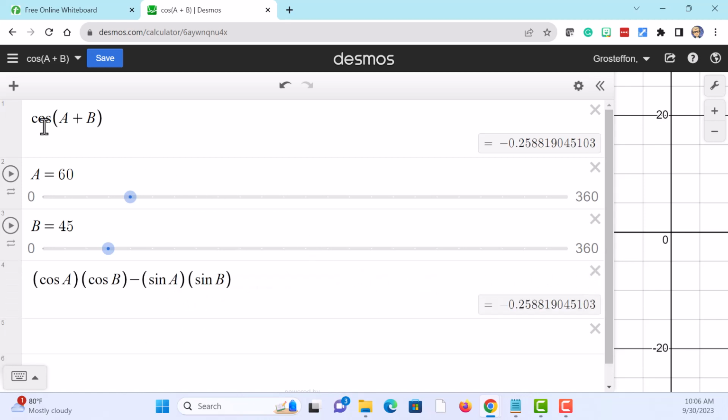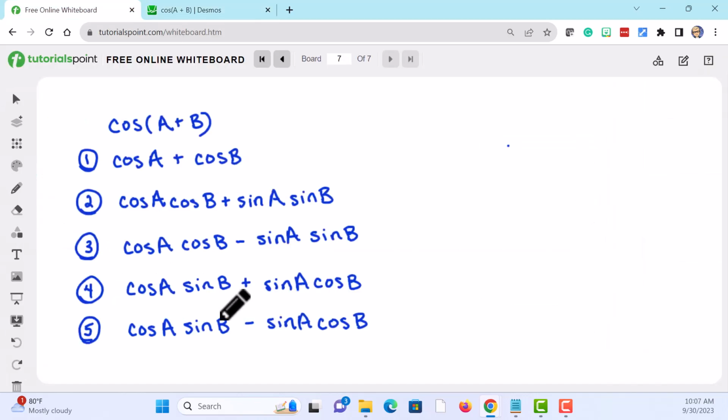So our conclusion is that cosine of a plus b is equal to cosine a cosine b minus sine a sine b. And of course, we could use the animation feature just to see that this isn't coincidence, that it's true no matter what values of a and b we pick. So cosine a plus b is cosine a cosine b minus sine a sine b.